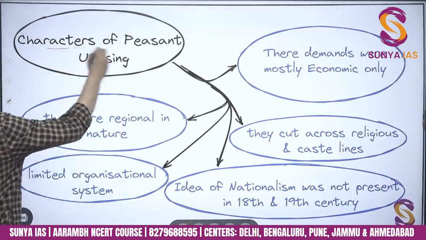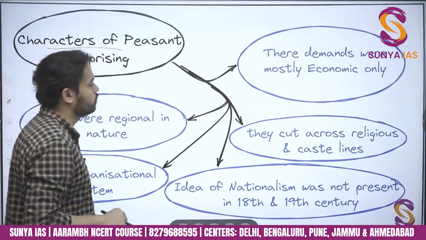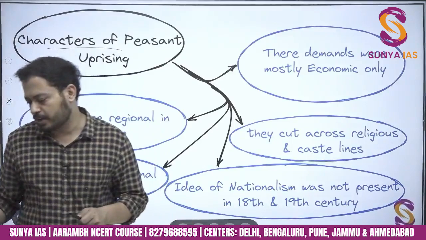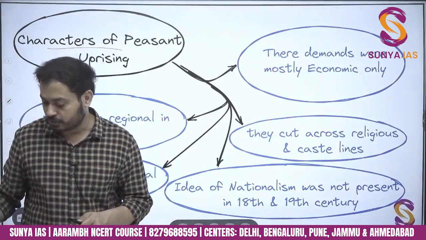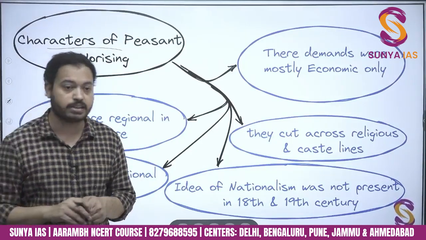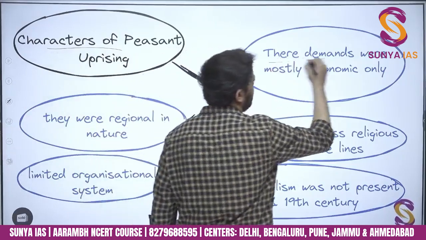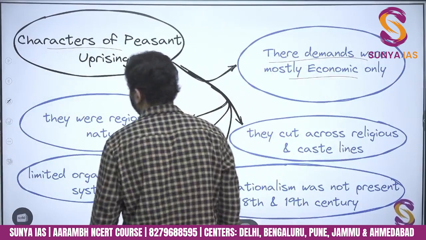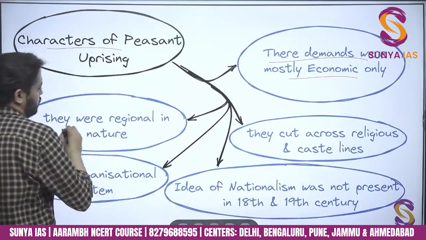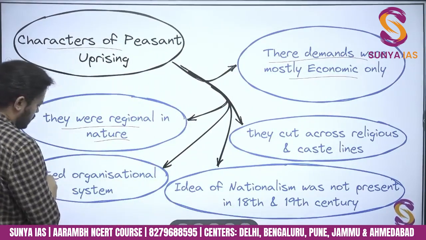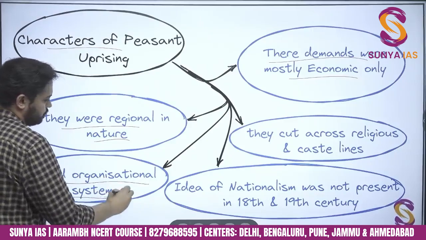Now, just like we went through the characters of the farmers or the tribals, we will also go through the characters of the peasant movements. Their demands were mostly economic only. They were regional in nature, with a limited organizational system.